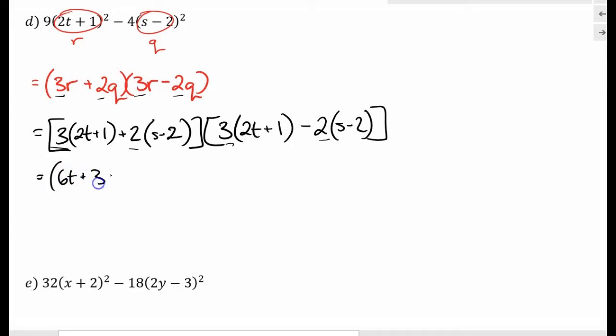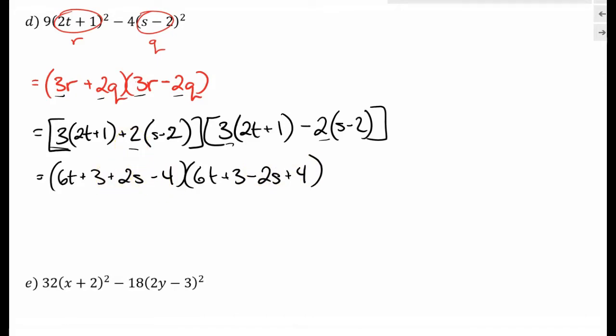6t plus 3 plus 2s minus 4. 6t plus 3 minus 2s plus 4. Okay, and notice how my signs are different on those later terms because of that difference in sign within my binomials.